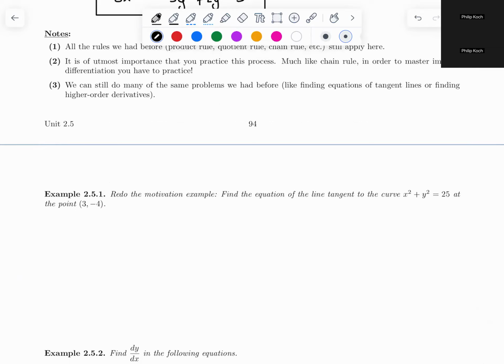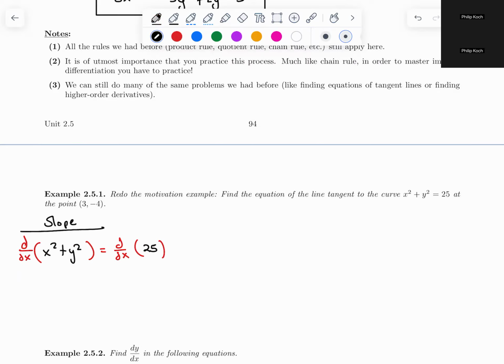So we need the slope. And the way we're going to do that is we're going to ddx both sides. We're going to differentiate both sides of the equation. So ddx of x squared plus y squared equals ddx of 25. I promise we'll be able to finish this one in 2 minutes.